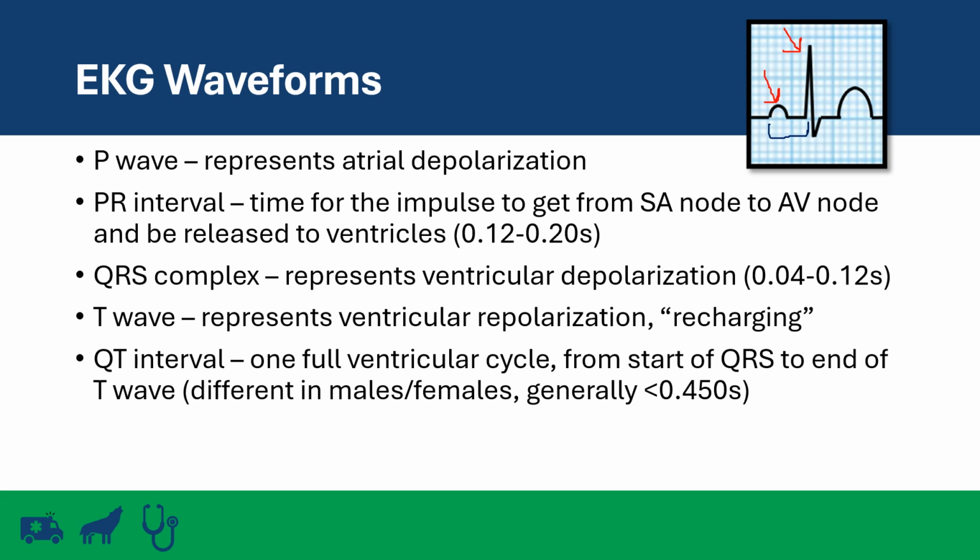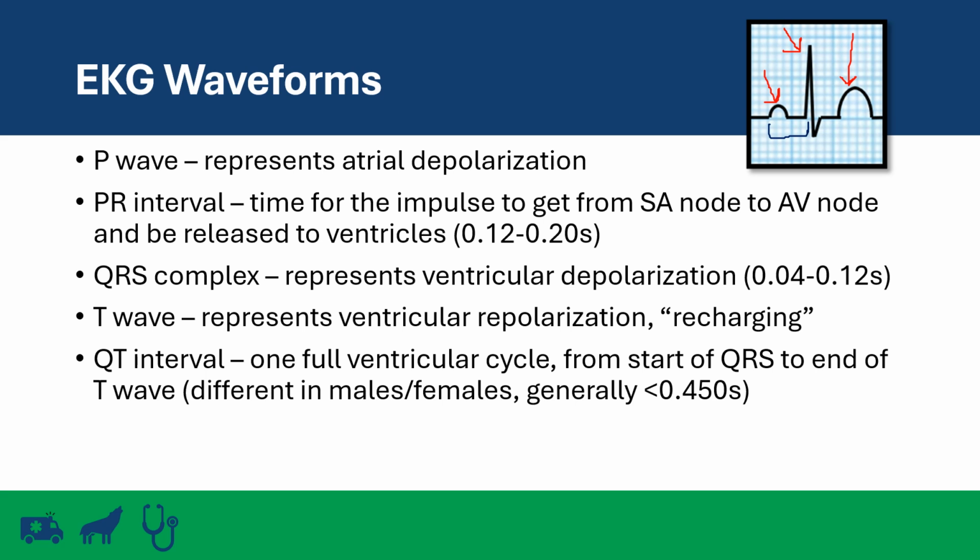All right. Next, we have a T wave, which is this waveform here that follows the QRS complex. So the T wave represents ventricular repolarization, which is essentially recharging. After a cell depolarizes, it must repolarize. This is when the electrolytes interact and they get ready to fire again.